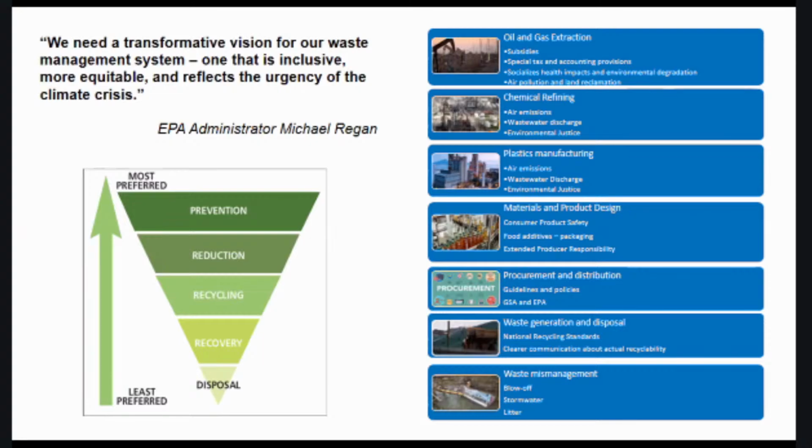EPA Administrator Michael Regan has said that we need a transformative vision for a waste management system that is inclusive, more equitable, and reflects the urgency of the climate crisis. And I really couldn't agree with that more. But I think that we need a broader version of what it means to manage that waste, starting at the very beginning with prevention and reduction to begin with.